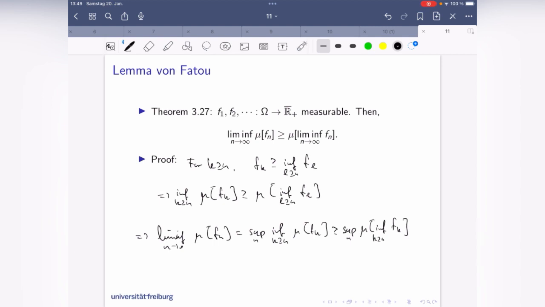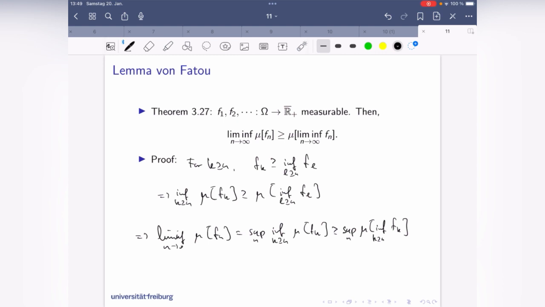And now we realize that, as usual, when n is growing, the infimum is over a smaller set, which means these are increasing functions. And for increasing functions, we know that the limit, so the supremum, can be interchanged with the integral by monotone convergence.